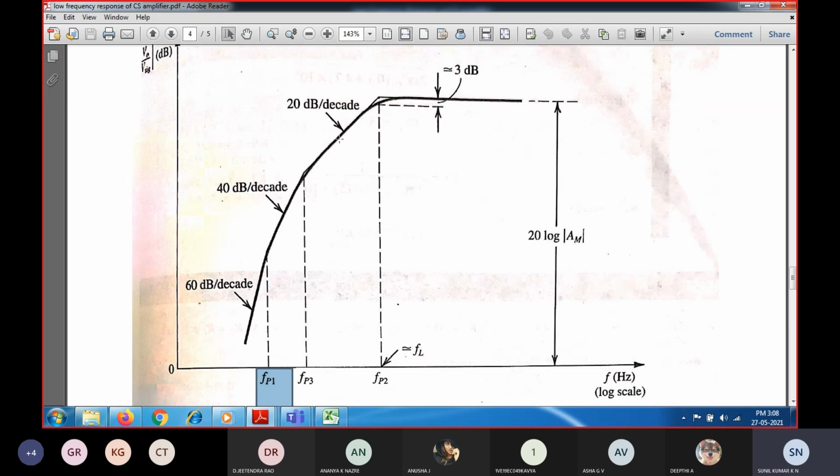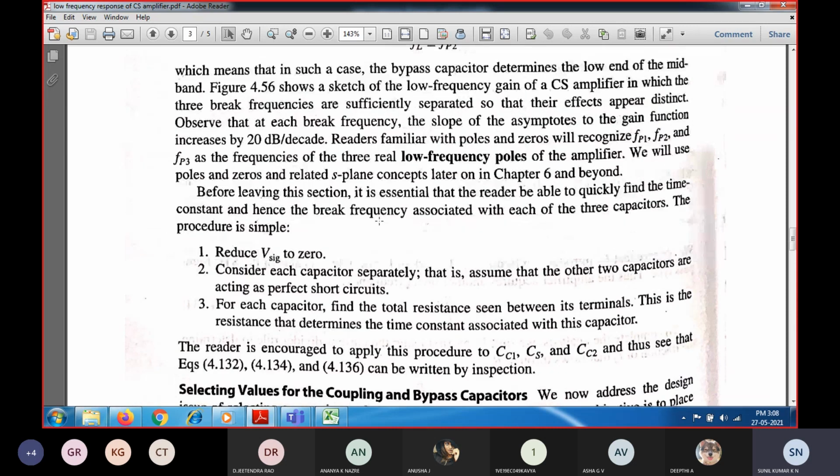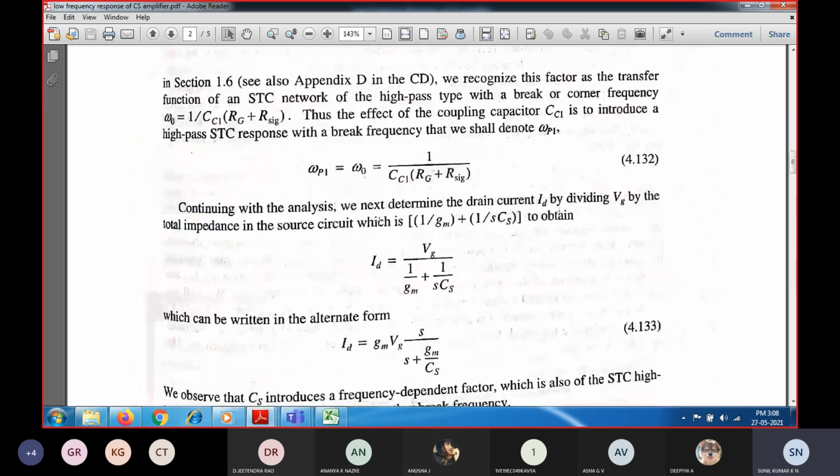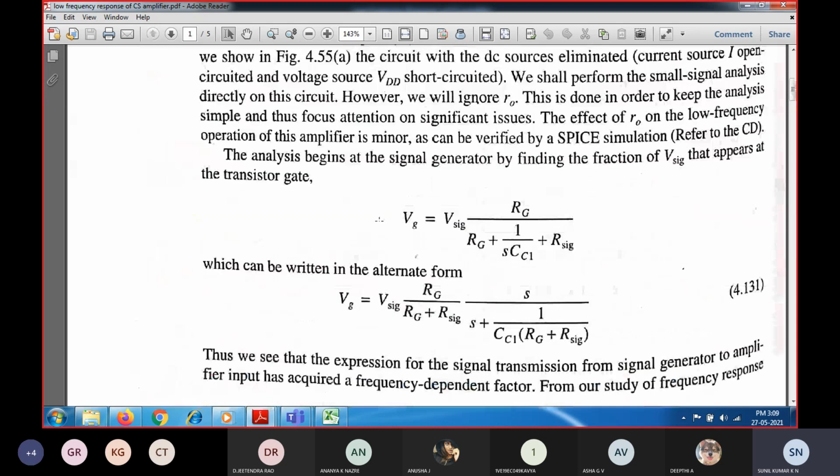Because of coupling capacitor 1, coupling capacitor 2 and the CS stray capacitor, we're going to have three 3 dB frequencies, which are going to reduce the gain. So in the next class I'm going to find these three 3 dB frequencies.